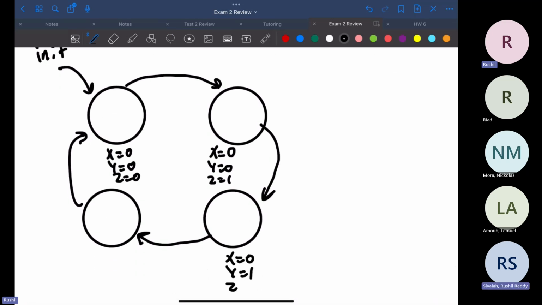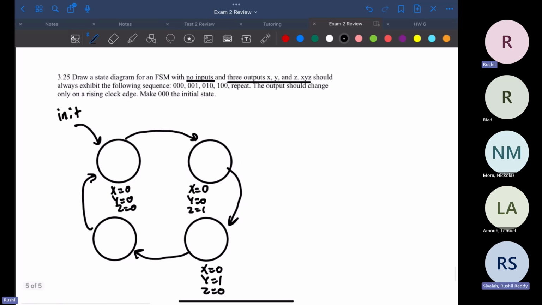So if the arrows are considered outputs, right? No. Think of the outputs as actual values. You see here how I have 3 values? Those 3 would be my outputs. Think of the arrows as your transition.